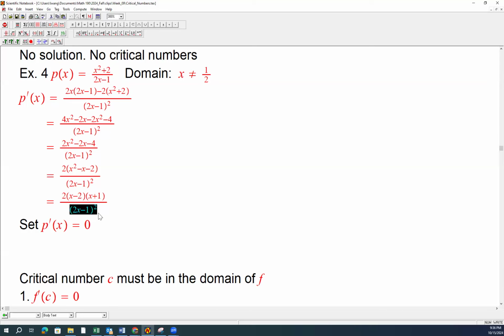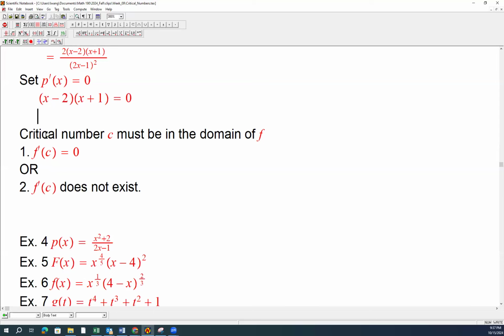Therefore, the denominator is guaranteed not equal to 0. And so if we set the derivative equal to 0, the only thing that's possible is that the numerator has to be 0.